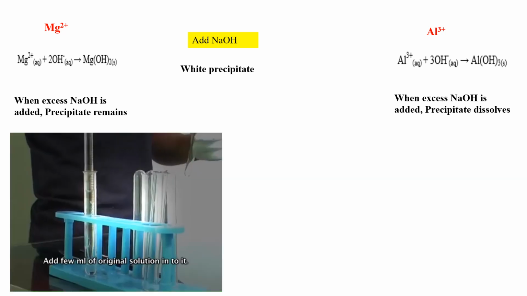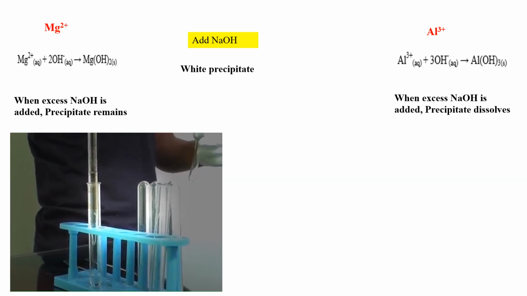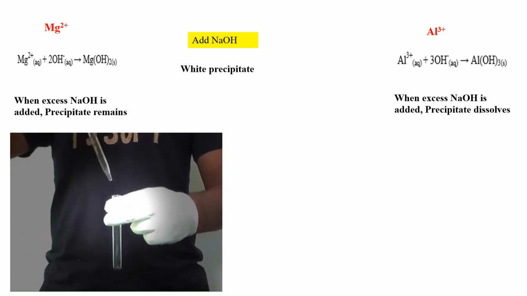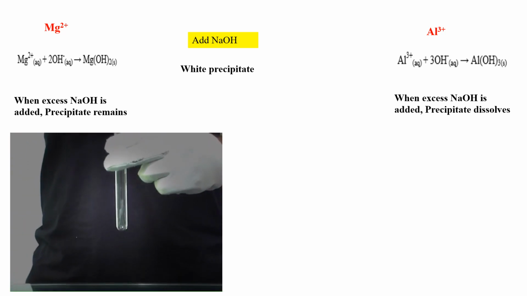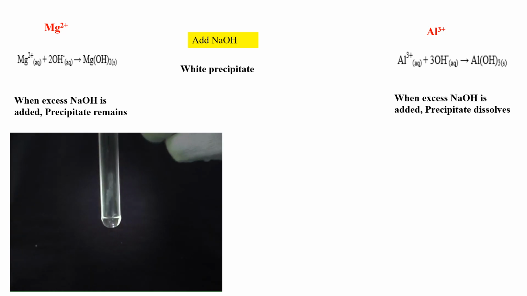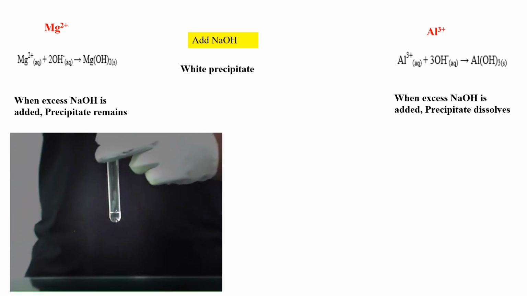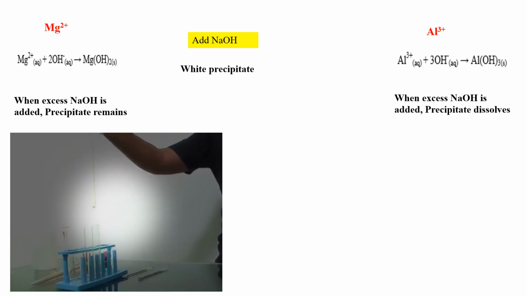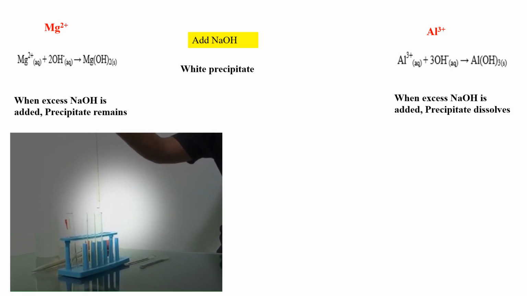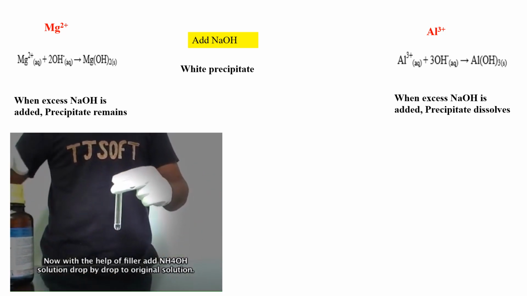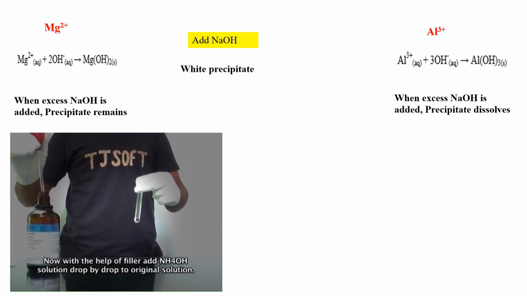Add a few ml of original solution into it. Now with the help of a dropper, add ammonium hydroxide solution drop by drop to the original solution.